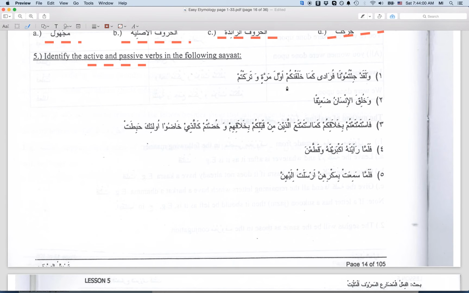Identify the passive verbs. So these are verses from the Quran. وَلَقَدْ جِئْتُمُونَا, جِئْتُمُونَا, so this is an active verb. كَمَا خَلَقْنَاكُمْ, active verb. مرة تركتم, again تركتم, that's active. خُلِقَ, this is passive. فاستمتعتم, so it's probably استمتعتم.